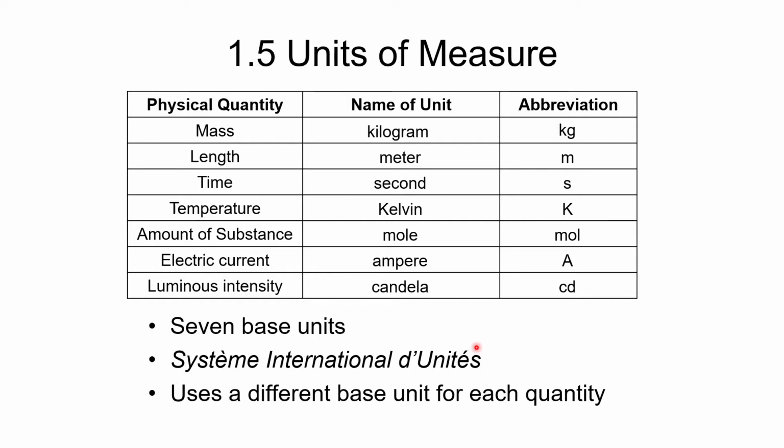Now, the great part about this is that with these 7 base units, we can come up with the units for any other measurement. If we want volume, it's going to be a length cubed. If we want speed, it's going to be a length divided by an amount of time. And so we can make any other measurement by having combinations of these units.